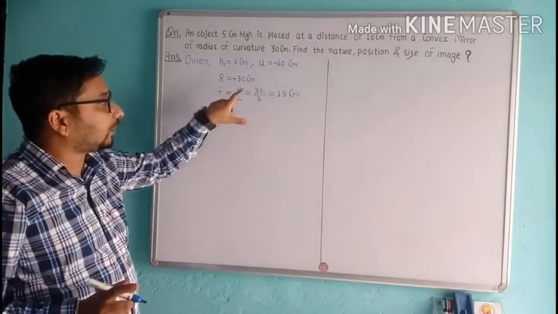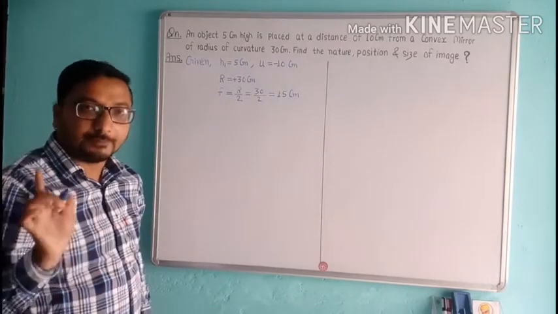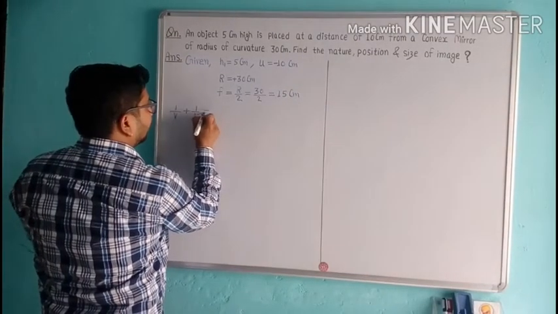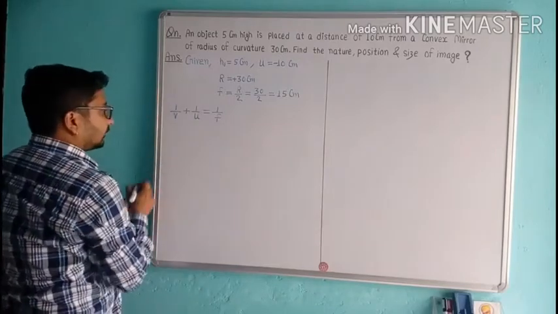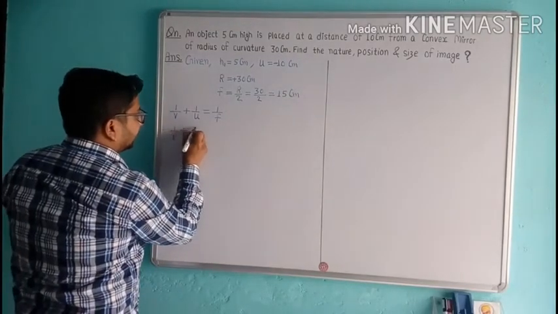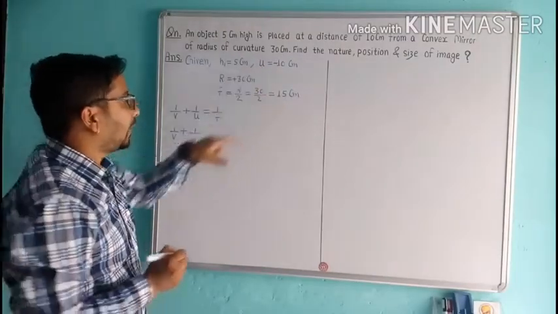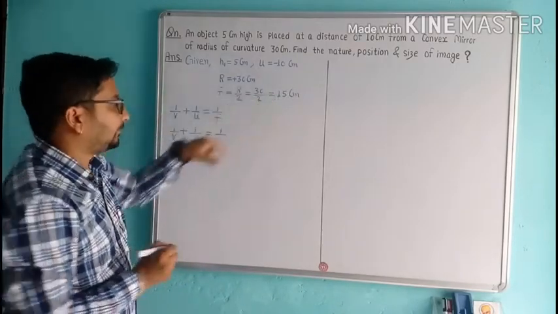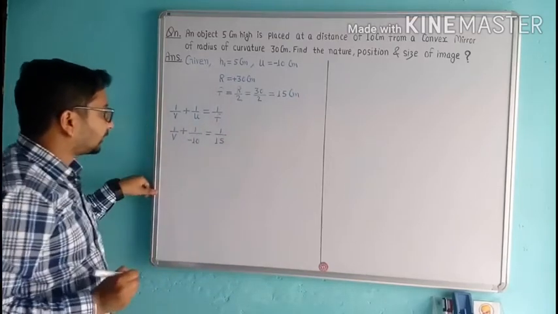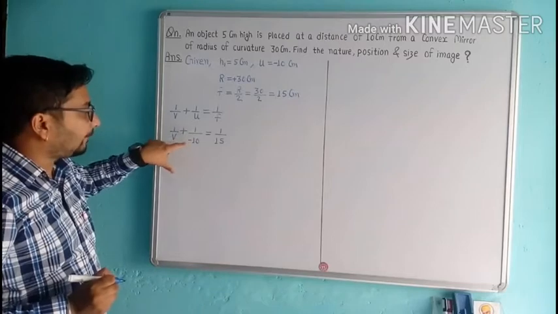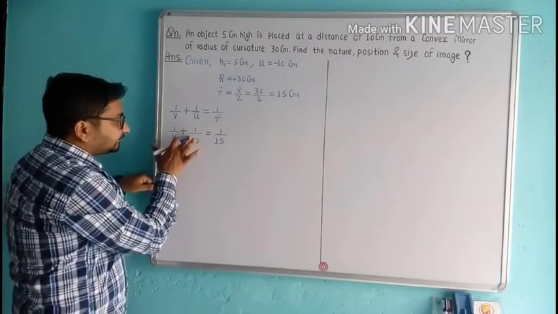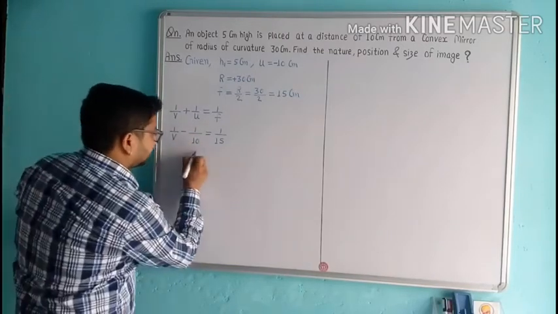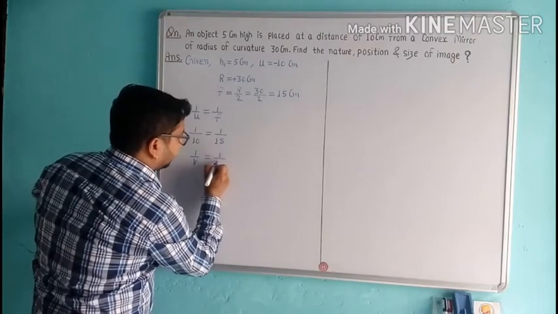Now we have the value of U and the value of F. We are talking about convex mirror, so we can use the mirror formula: 1 upon V plus 1 upon U is equal to 1 upon F. We have the value of U, minus 10 centimeter, and F is 15. So 1 upon V plus 1 upon minus 10, we can write it as minus 1 upon 10, is equal to 1 upon 15. 1 upon V is equal to 1 upon 15 plus 1 upon 10.